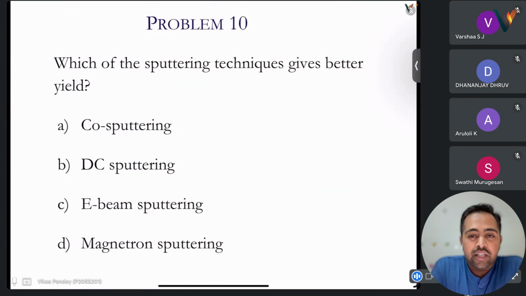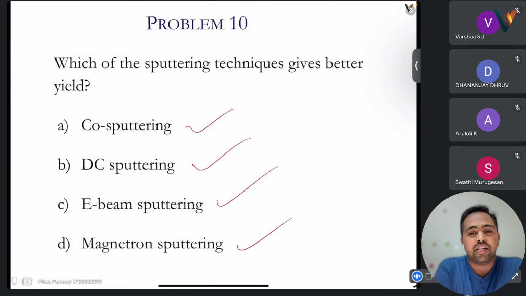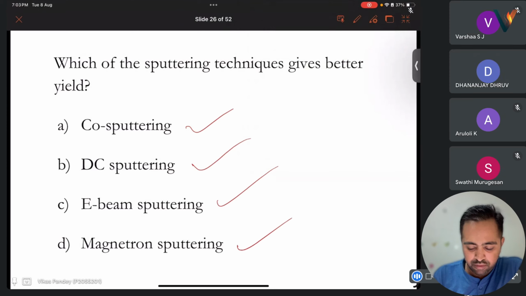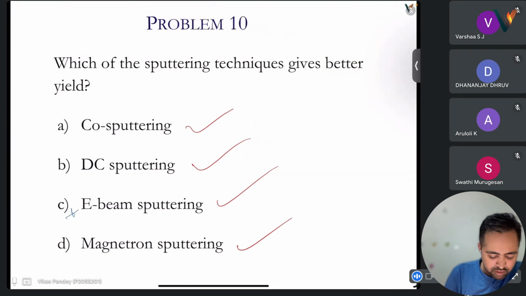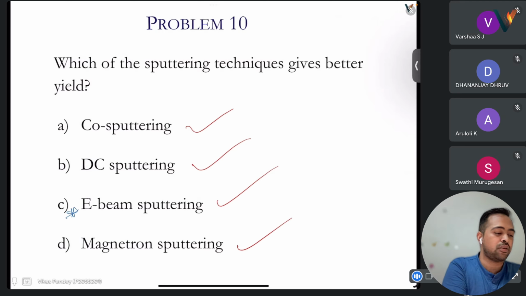Okay. Which of the following techniques gives better results? Co-sputtering, DC sputtering, e-beam sputtering, or magnetron sputtering? Anyone? I think e-beam. Okay. Anyone else? E-beam sputtering, okay, one. Any other answers, or would someone like to support this answer?